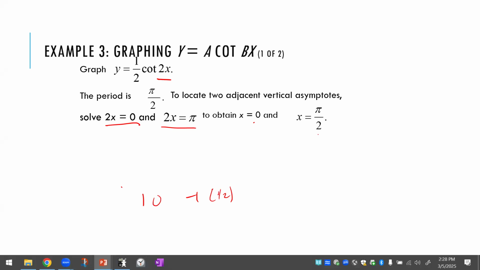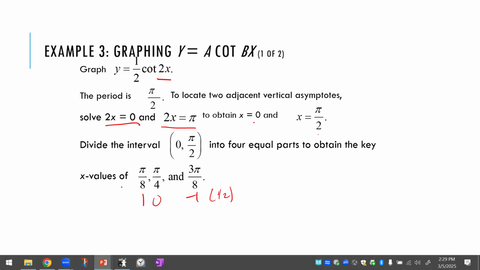Halfway between pi over 4 and pi over 2. What's 3 pi over 4 divided by 2? That means 3/8. I said 4 over 8, but it's 3. It would have been 3/8.